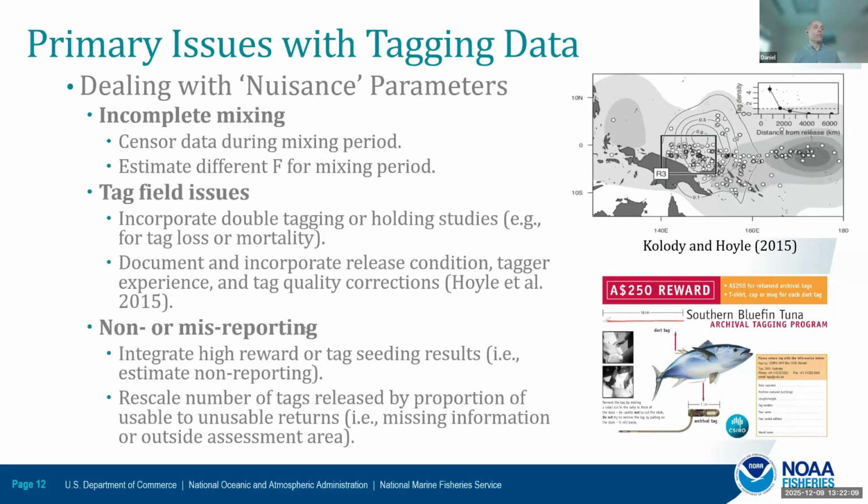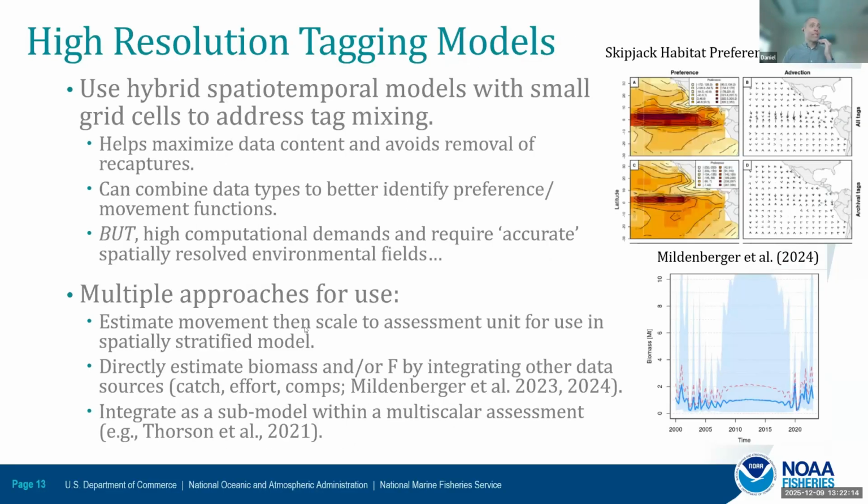So I think, especially for the tag mixing, this is where the high resolution tagging models come into play. I haven't worked on any of these, but reading the papers, they seem promising and they're really interesting to look at. Essentially, we have this hybrid spatial temporal model with small grid cells that allows you to make assumptions of tag mixing on the order of days as opposed to months or years.